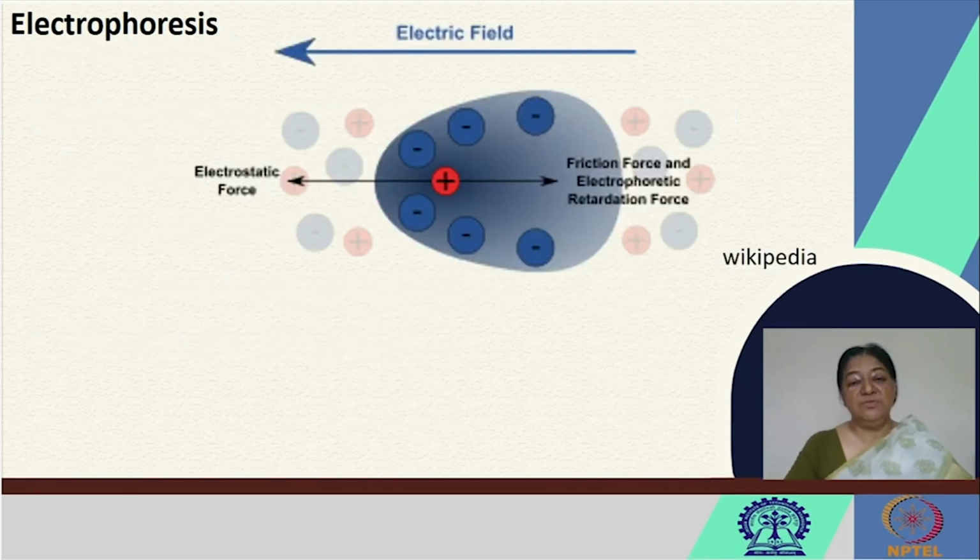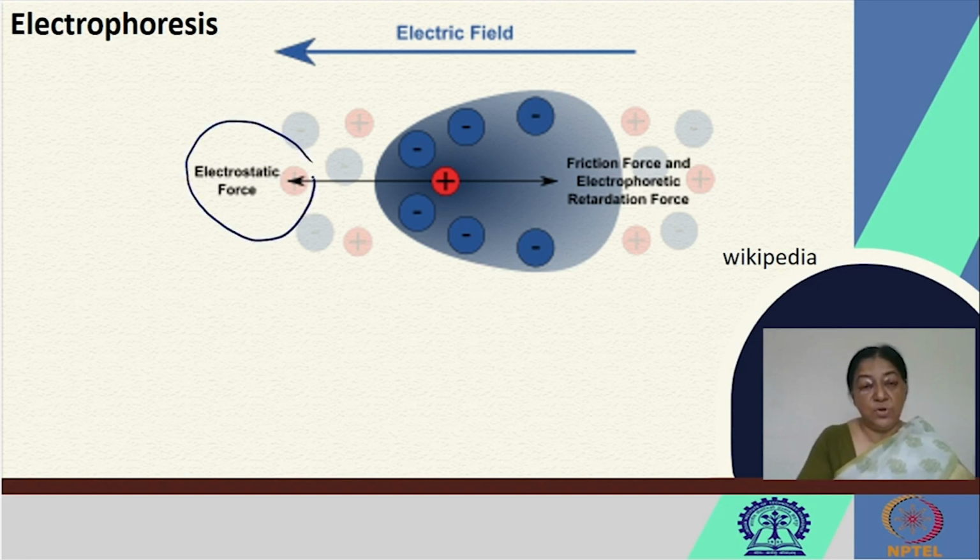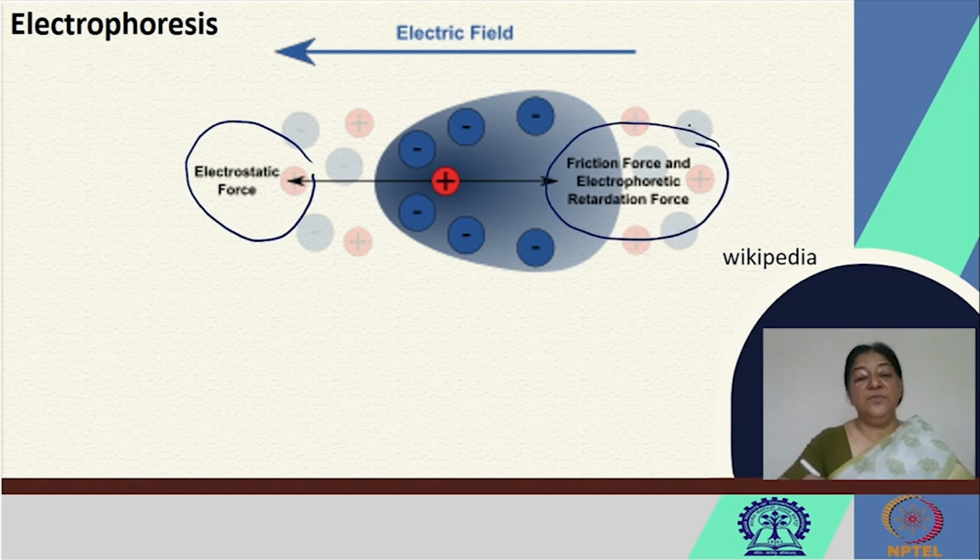So we have an electric field and we have two opposing forces here. One is the movement due to the electrostatic force. The other is due to the frictional force and a retardation force that is there because of the buffer or the fluid in which, in this case, is going to be a gel network, so that retards the motion of the biological macromolecule.